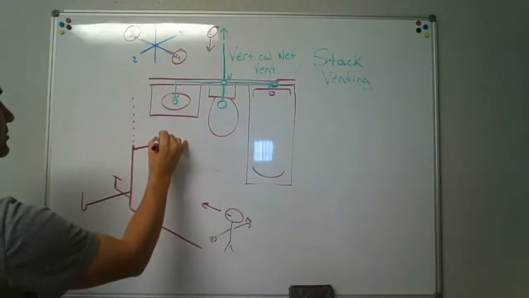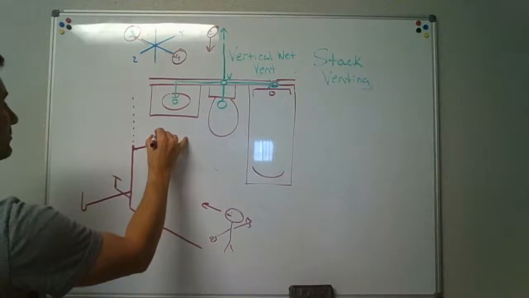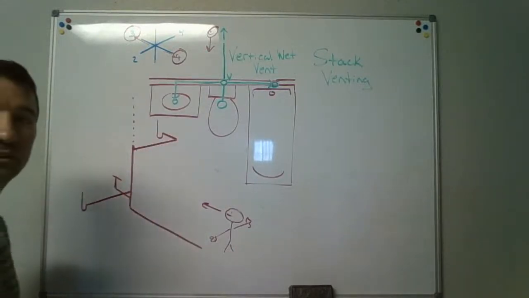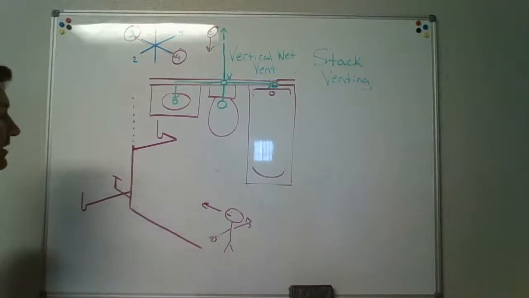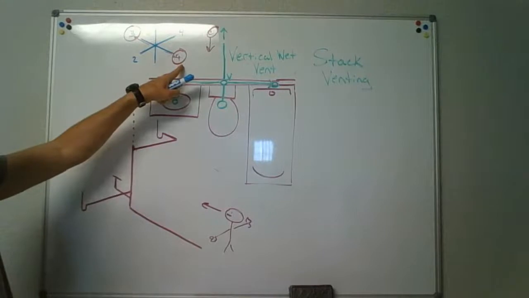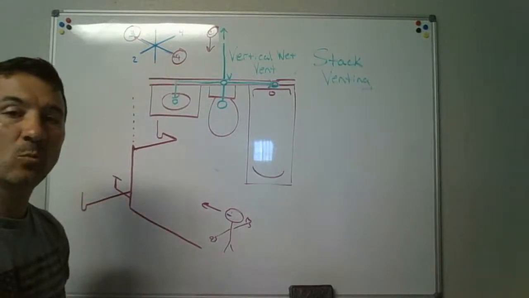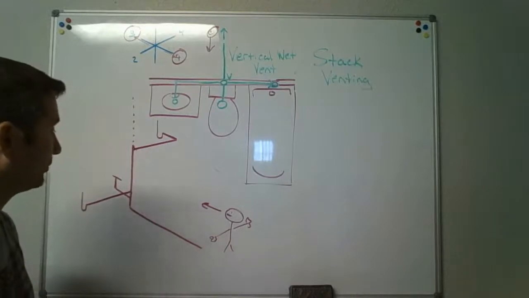A trap on it, so a straight down, a dip, and straight back up. And there you go. There you have it. We just drew the next angle for this vertically wet vented bathroom group.